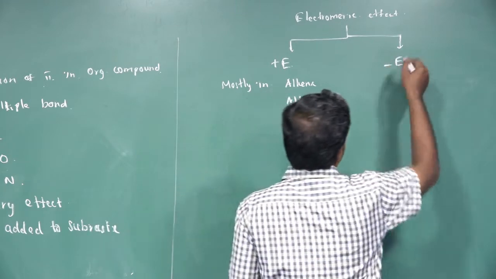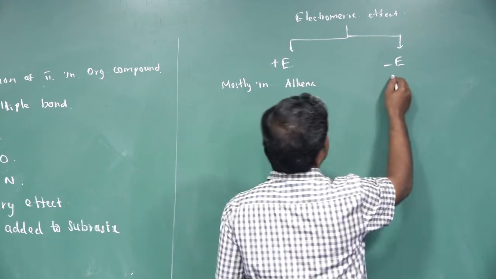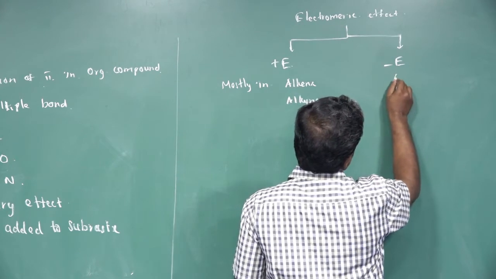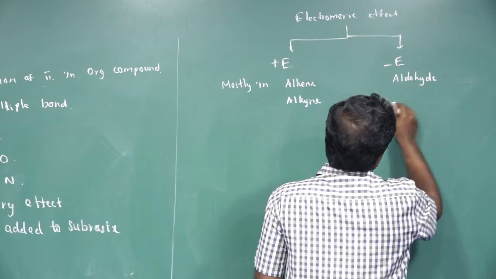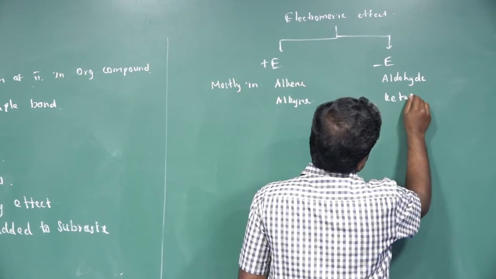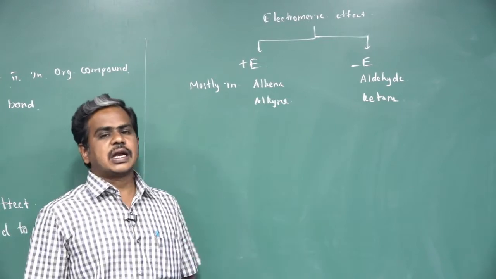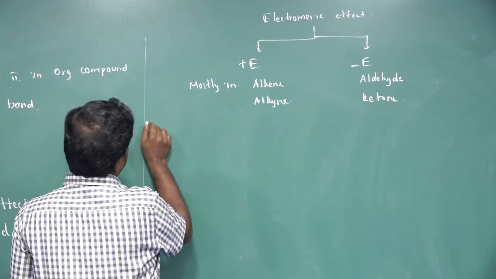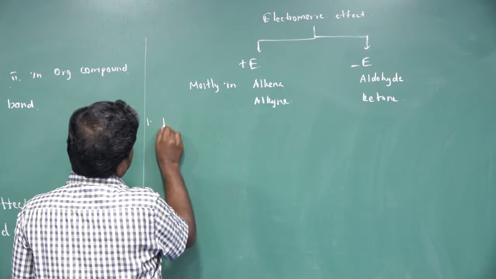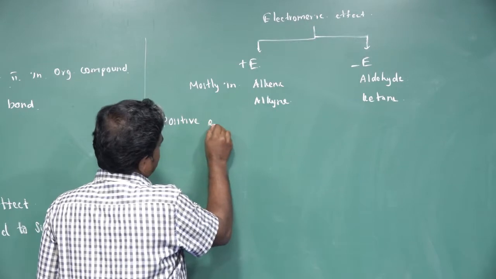Now minus E, that is negative electromeric effect, mostly occurs in aldehydes and ketones. We may see one by one. So the first one is the positive electromeric effect.